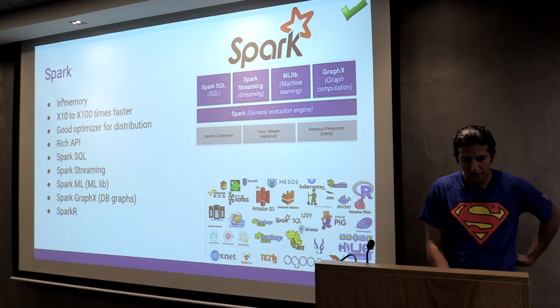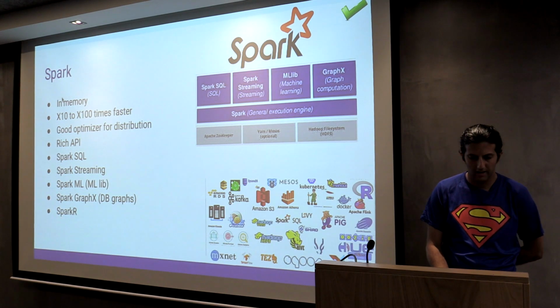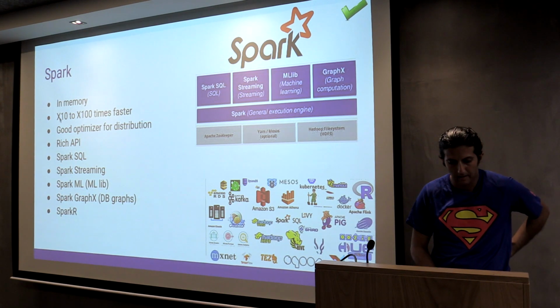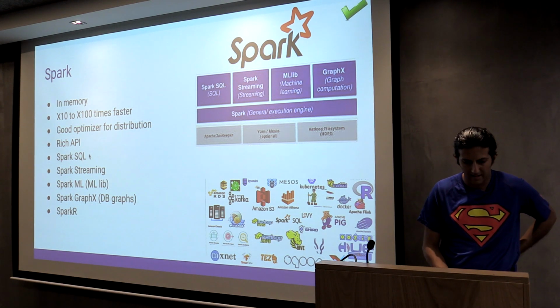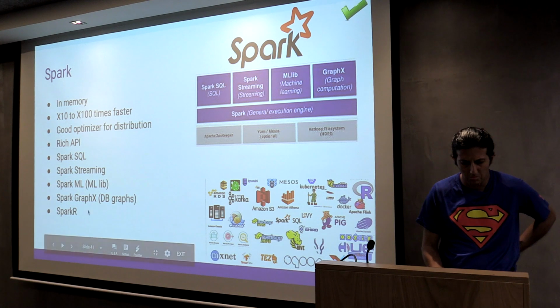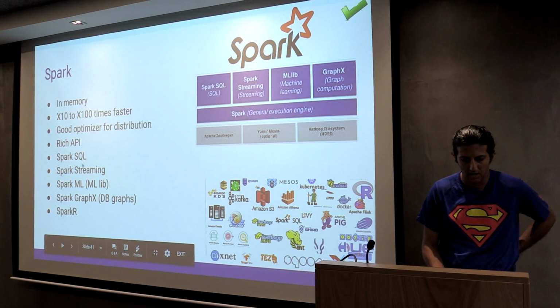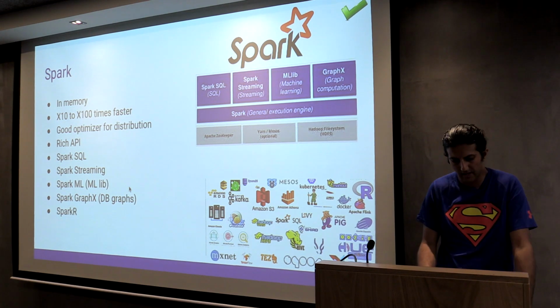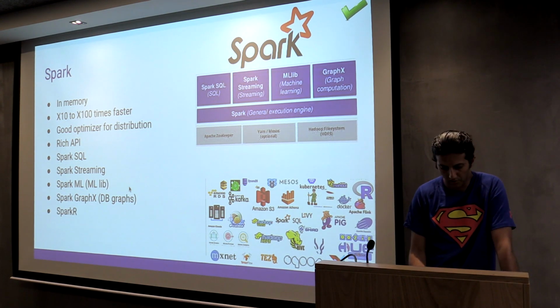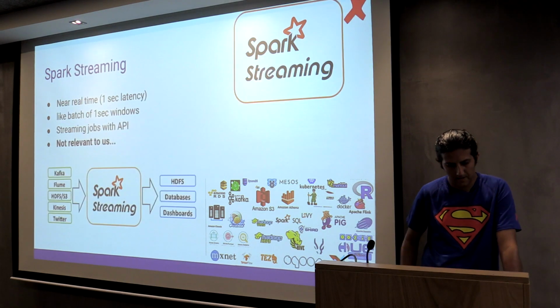The reasons to use Spark: compared to Hive, it's in memory, sometimes 10 to 100 times faster, has a good optimizer, and a rich API. You can do many other things besides SQL, you can write code, do machine learning, do graphs, and you can connect to R, which is one use case we applied here.